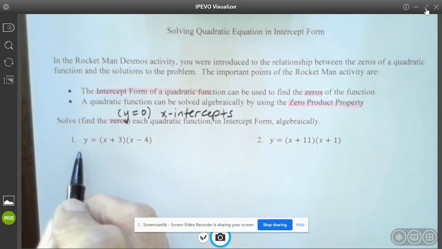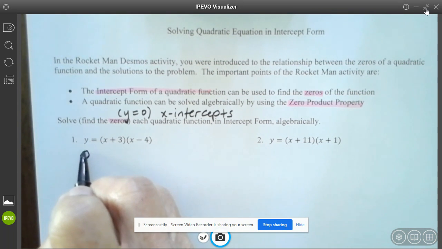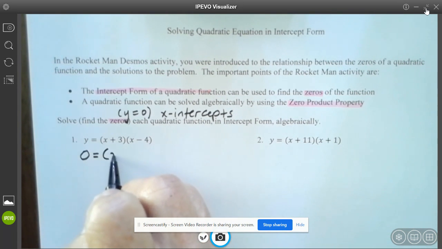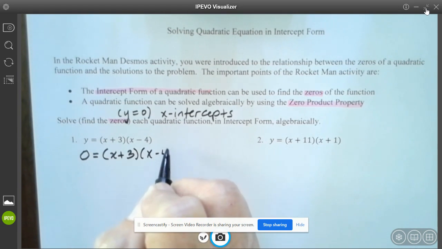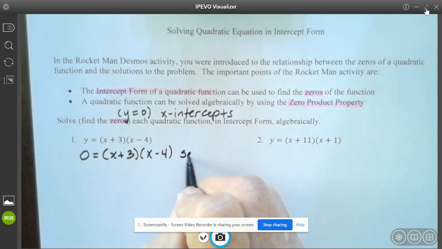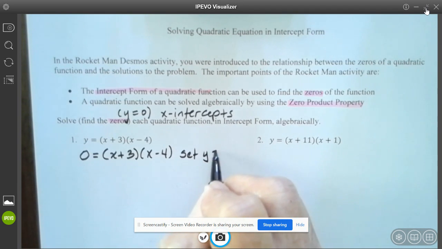So the first step is set y equal to 0, or say substitute 0 for y.